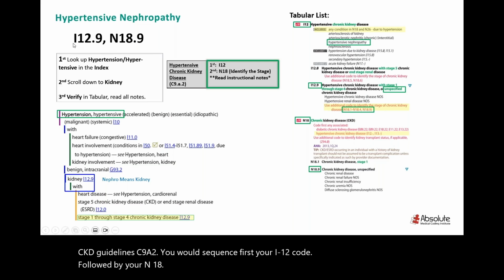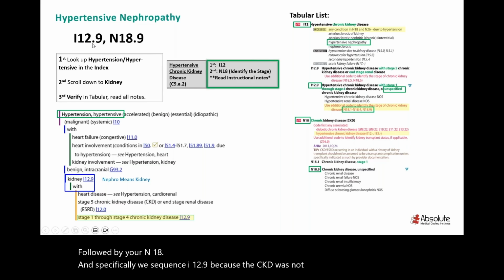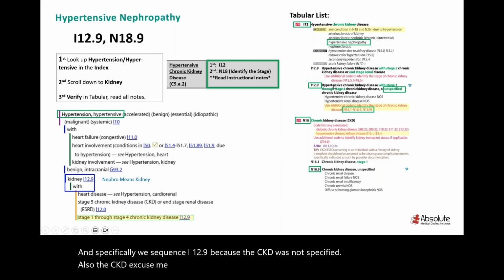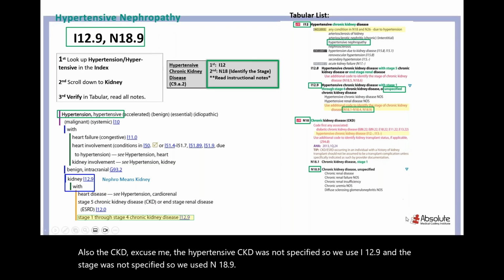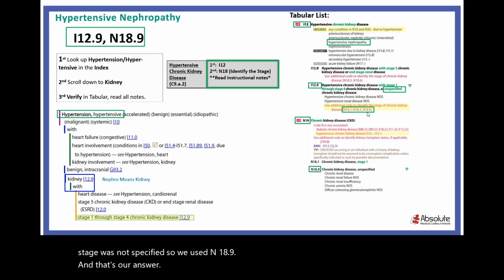And specifically, we sequence I12.9 because the hypertensive CKD was not specified, and the stage was not specified, so we used N18.9. And that's our answer. Okay, coders, did you like that walkthrough? Was it helpful?